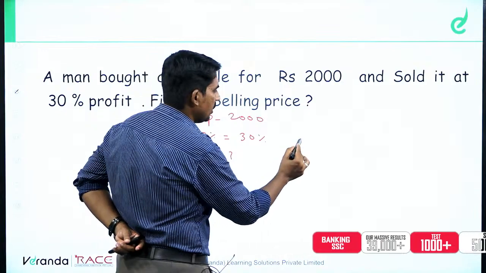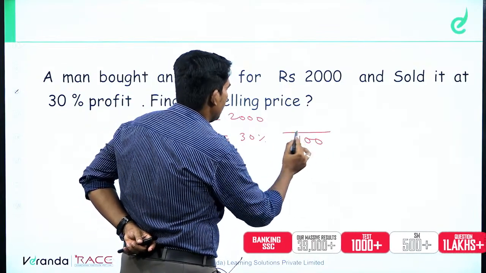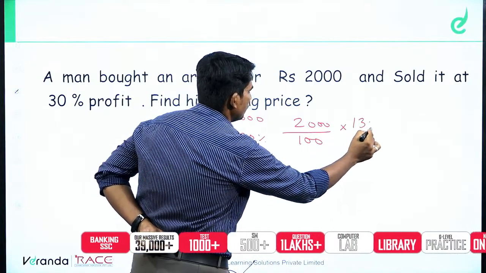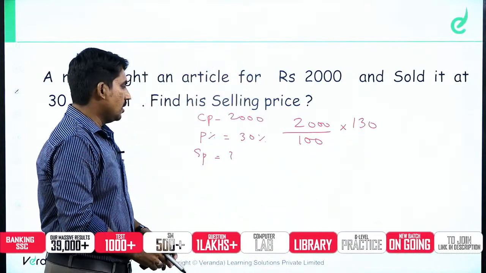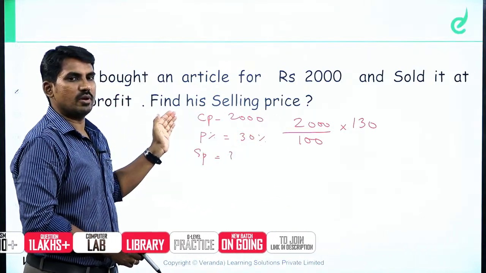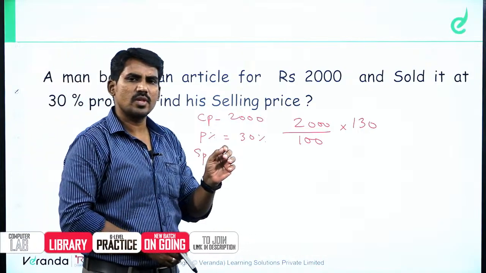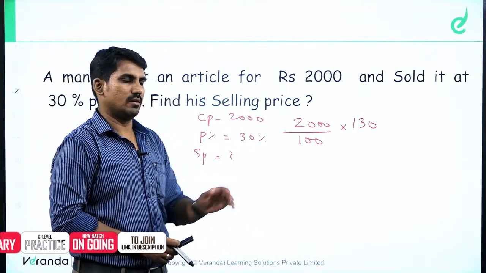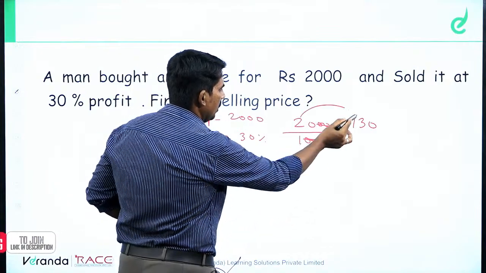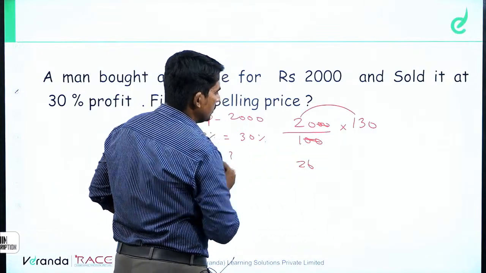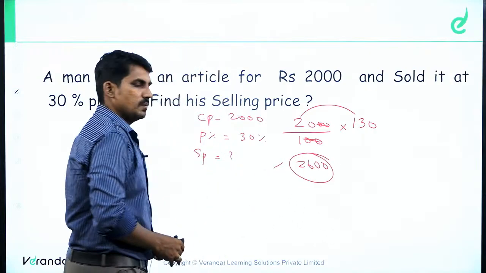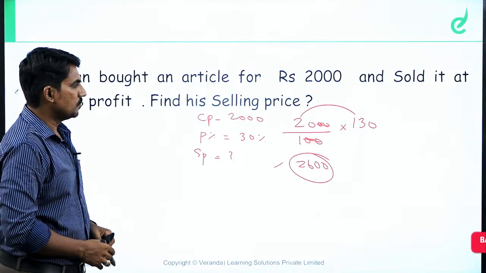What is the single line equation? 100 is 2000, what is 130? 30 percentage profit, so 100 plus 30. Profit given, we add with 100. Loss given, we subtract from 100. Now solve this: the 20s cancel, 2 into 13 is 26, with 2 zeros, 2600.